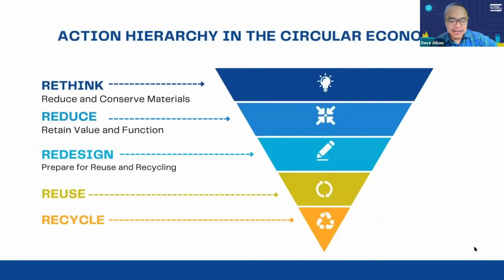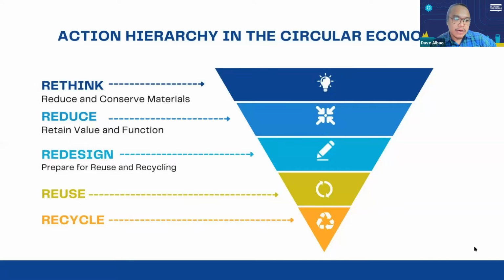Yes, so we know now circular, but now let me present to you another shape, the inverted pyramid of the action hierarchy in the circular economy. So this is actually the 3 R's plus 2 additional R's, which is rethink and redesign. If you look at this pyramid, and by the way, you will receive resources on circular economy, and you will see different strategies, approaches, and also technologies, mechanisms, and schemes between these 5 R's of action.